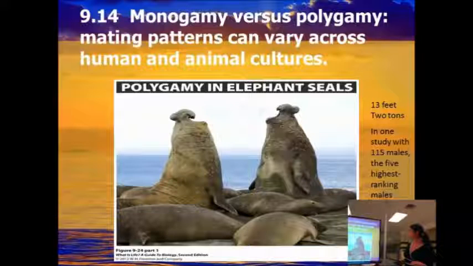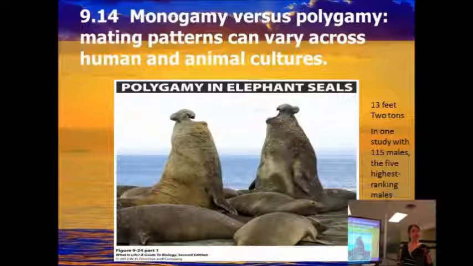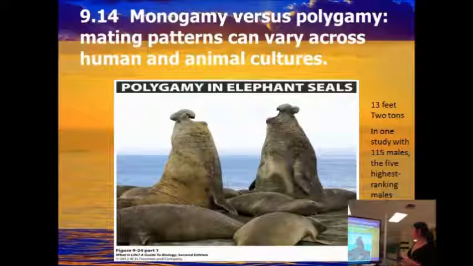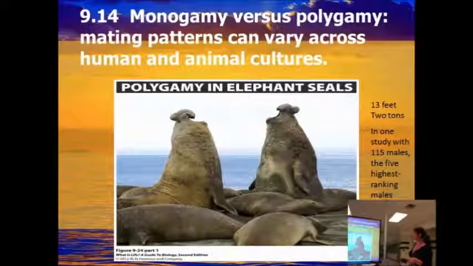Usually you hear about it in relation to relationships, like monogamous relationships, or polygamous relationships, where they have one husband and then sister wives. That would be polygamy. Here we're going to be talking about it in terms of mating patterns across human and animal cultures. One of the ones we're going to be focusing on today is the elephant seal.